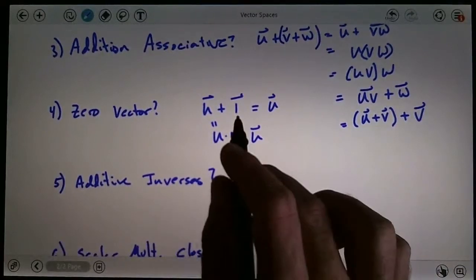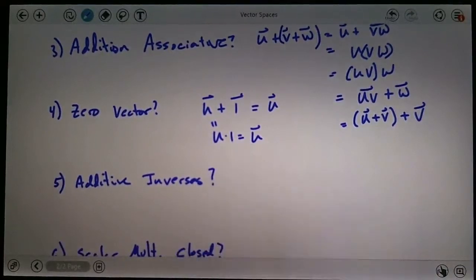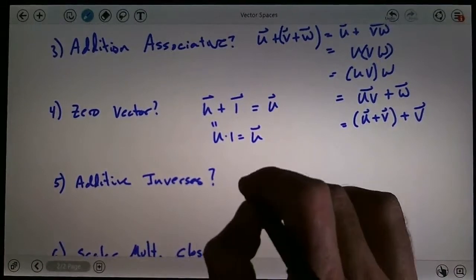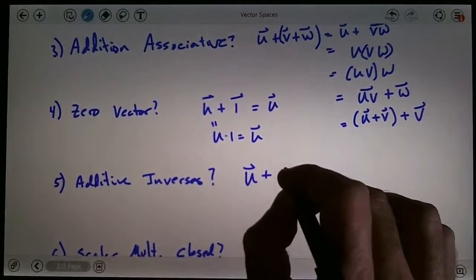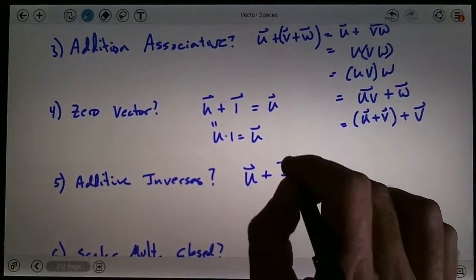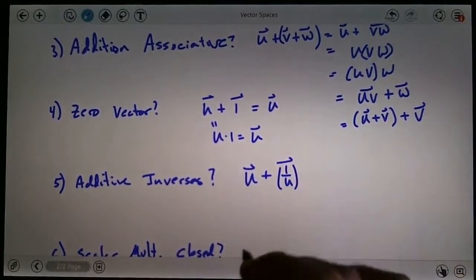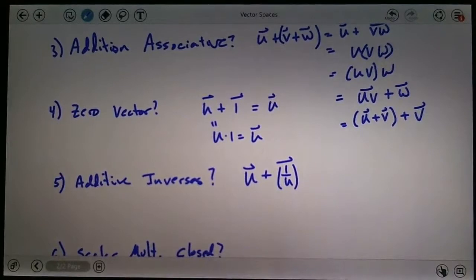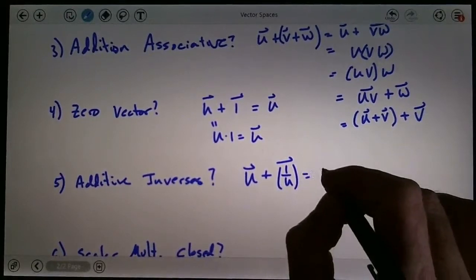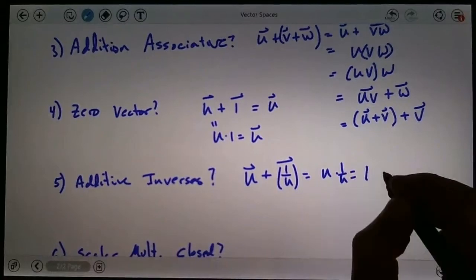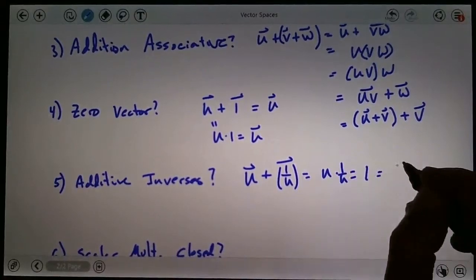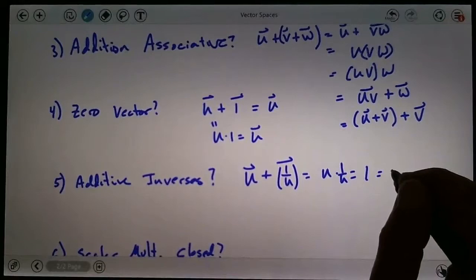Well, maybe if 1 is the additive identity, the additive inverses might be reciprocals. So if you take u plus the vector which would be 1 over u, this would mean u times 1 over u, which is 1, which is the 0.